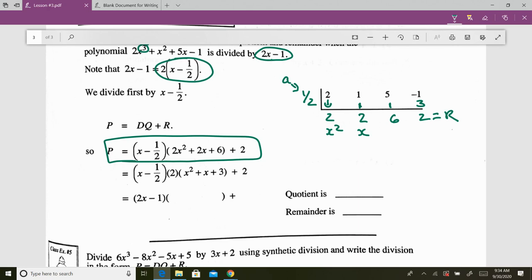So we're going to pull a 2 out of the quotient, because they're all multiples of 2. So I pull the 2 out and I get x squared plus x plus 3. That 2 can then be multiplied back in here to give you 2x minus 1, which matches what we were doing at the beginning. Our quotient is now this, and the remainder is still 2.